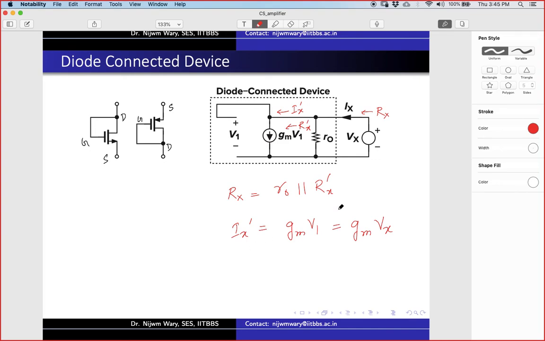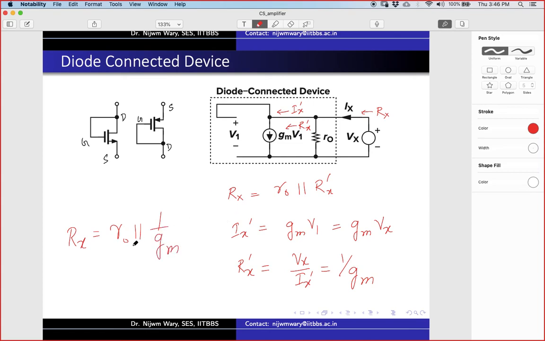So Rx dash is Vx by Ix dash, which is equal to 1 by Gm. So finally, my Rx happens to be RO parallel 1 by Gm, right?